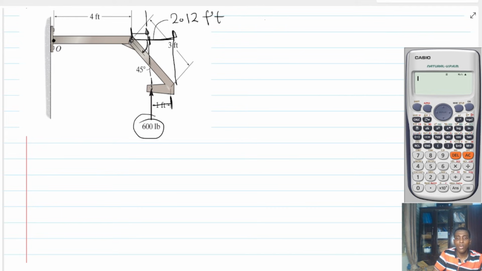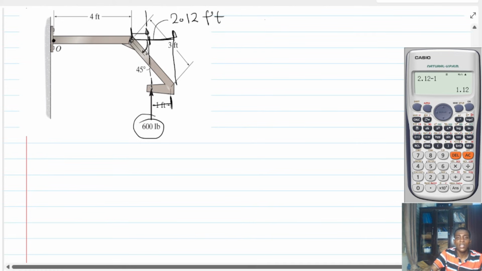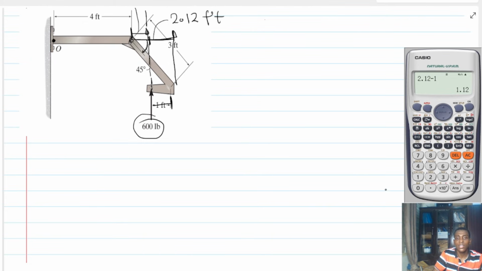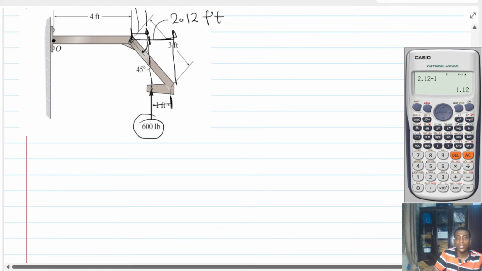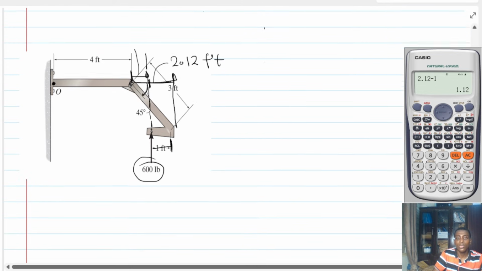So if I do 2.12 minus 1, I'm going to get what? 1.12. And that is the distance over here. It means that this small distance here must be 1.12.